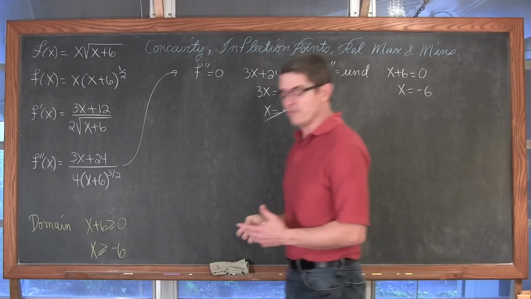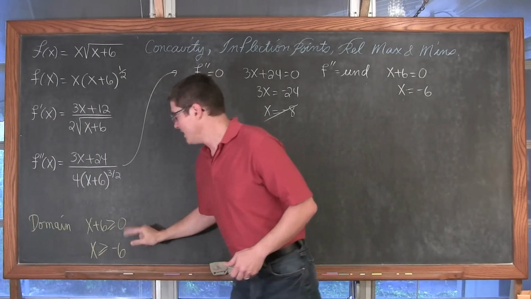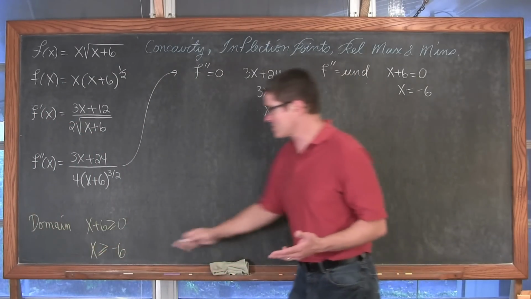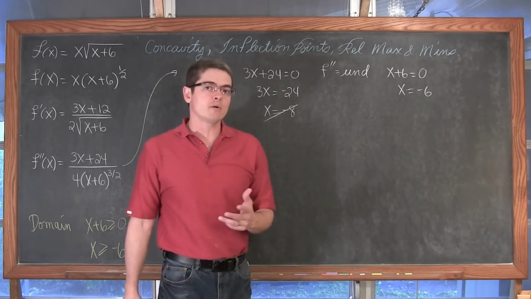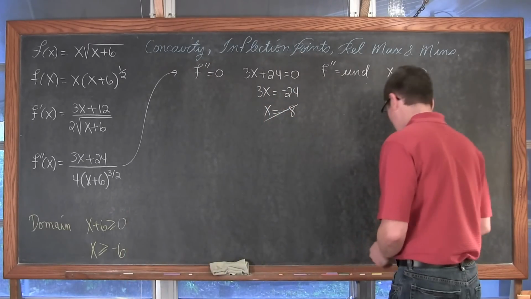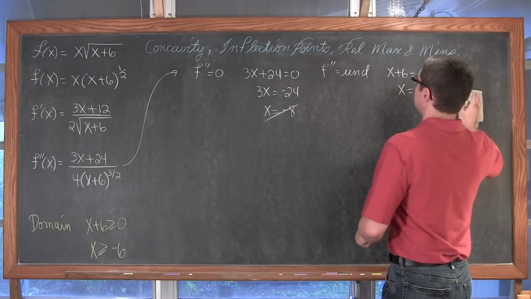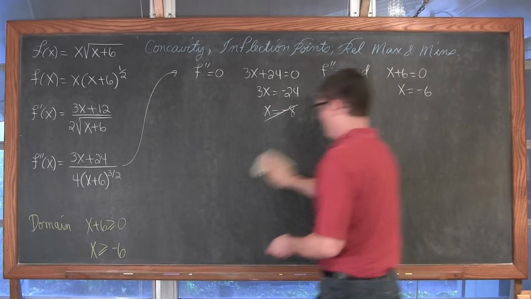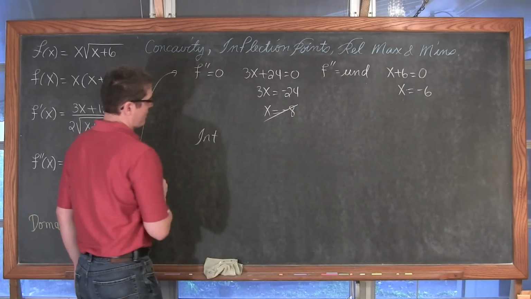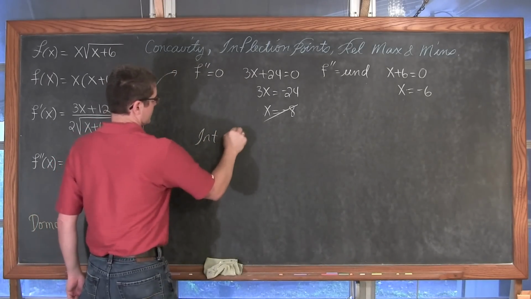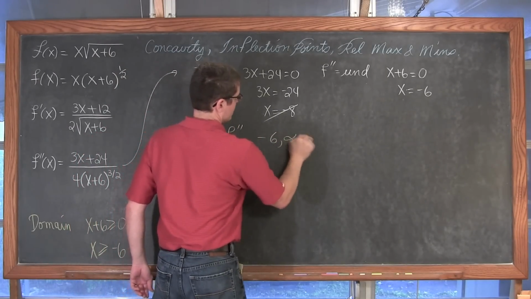That's where our second derivative is undefined, and that's just at the very edge of our domain. Our domain actually starts at negative 6 and goes to the right. So we only have one interval of interest as far as checking concavity, and that is from negative 6 to infinity. So I can put that here. So our interval that we care about for the second derivative is from negative 6 to infinity.